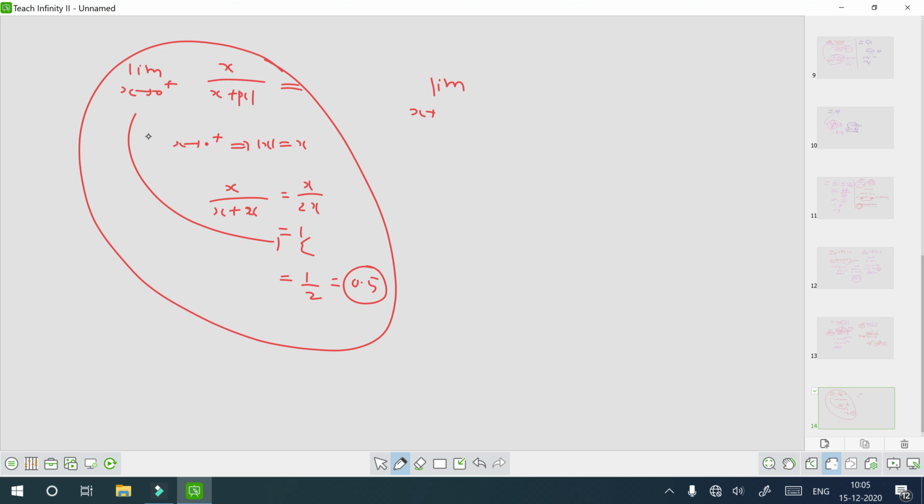Next one, limit x tends to 0, cos 7x minus cos 5x over x square. We know the formula: cos C minus cos D is minus 2 sin C plus D by 2 into sin C minus D by 2.